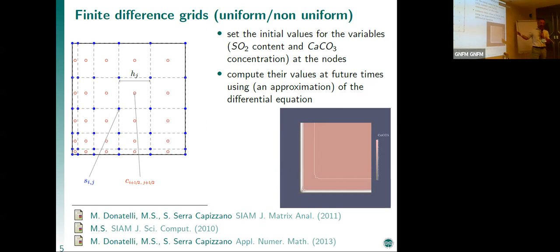Here I'm really talking about finite differences, but if you know what finite volumes or finite elements are, you recognize that the values that we compute are representative of the real physical variables around the place where the degree of freedom is placed.